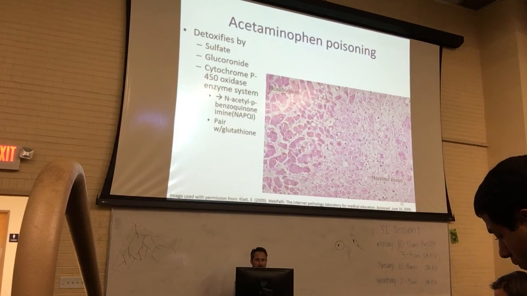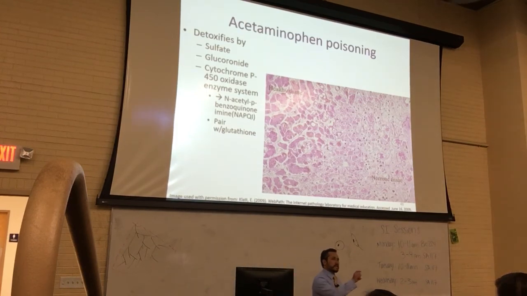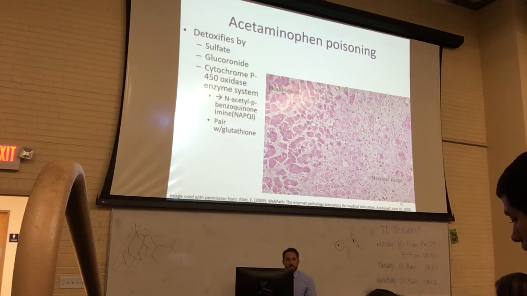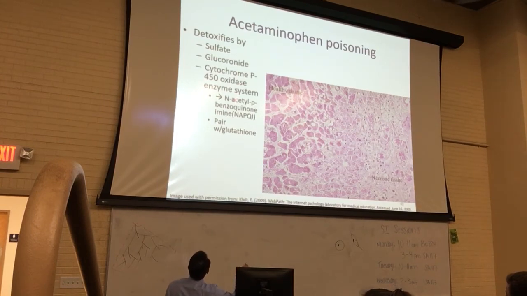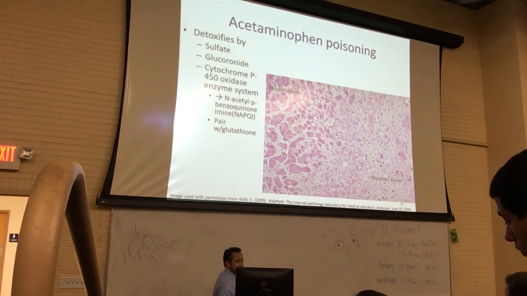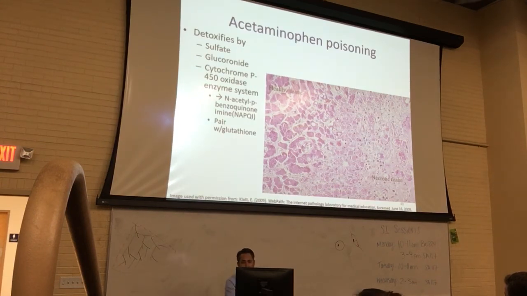The first two processes account for about 90% of Tylenol metabolism: sulfate and glucuronide binding. The third pathway is this cytochrome P450 oxidase, metabolism using cytochrome P450. This oxidizes the rest of the 10% of acetaminophen.